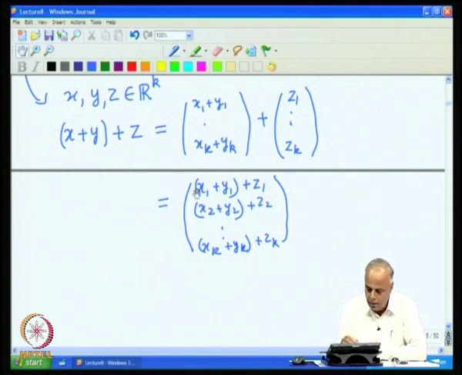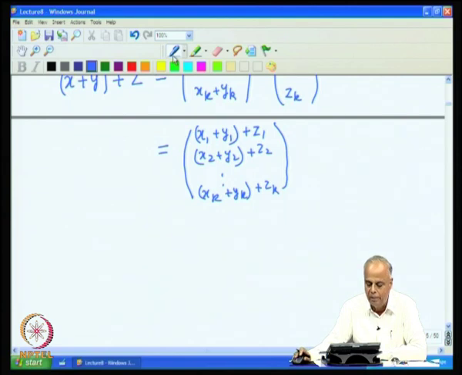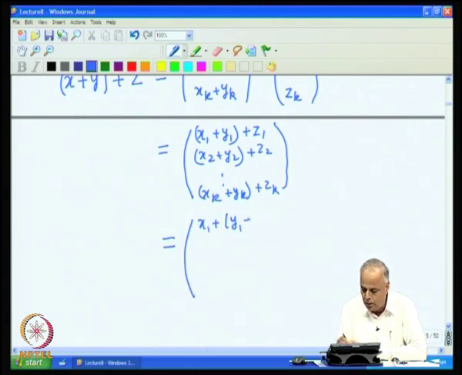I am adding x 1, y 1, z 1, these are real numbers, x 2, y 2, z 2, these are real numbers, and so on. And we know that in the real numbers bracketing can be done anywhere, that is, real number addition is associative, and therefore, we can write this as x 1 plus y 1 plus z 1 and so on, x k plus y k plus z k.